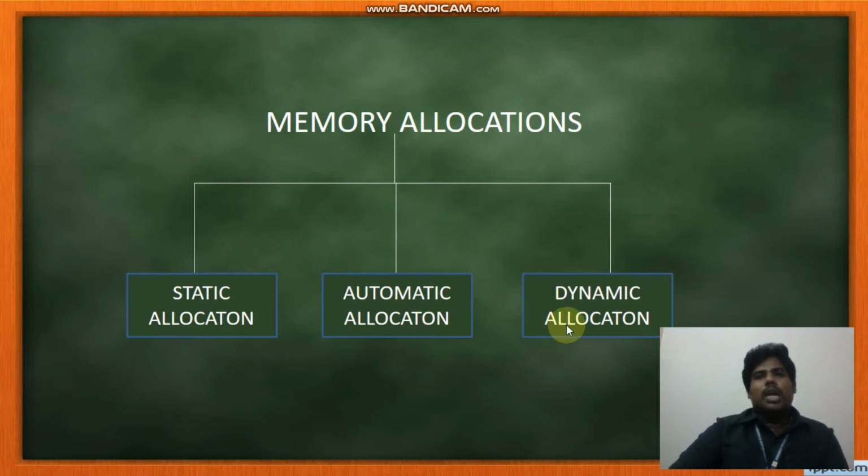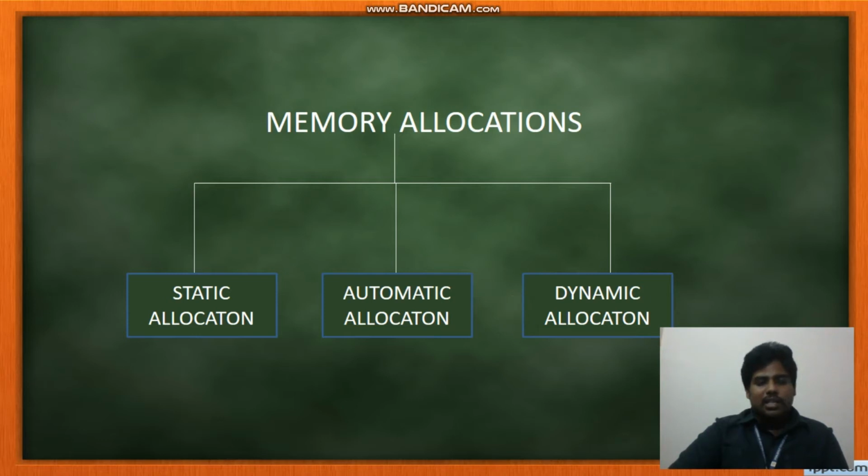In dynamic allocation, we can change the already allocated memory size, and we can add to it or reduce the size of the variables. For that only, we are going to learn about dynamic memory allocation in C programming. For example, why go for dynamic memory allocation? Consider the array concept.